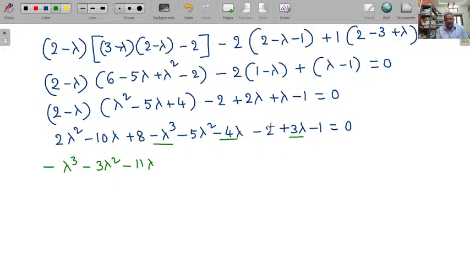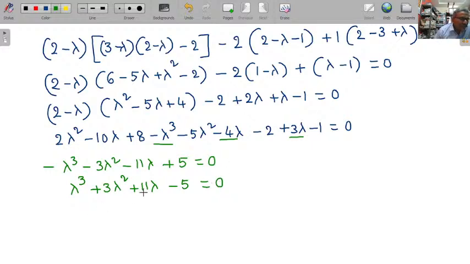So this is minus 2 minus 1 minus 3, 8 minus 3 is plus 5 is equal to 0. So multiply with the negative sign, negative 1. So that you will get lambda cube plus 3 lambda square plus 11 lambda and negative 5 equals to 0. We get a cubic equation in terms of lambda.